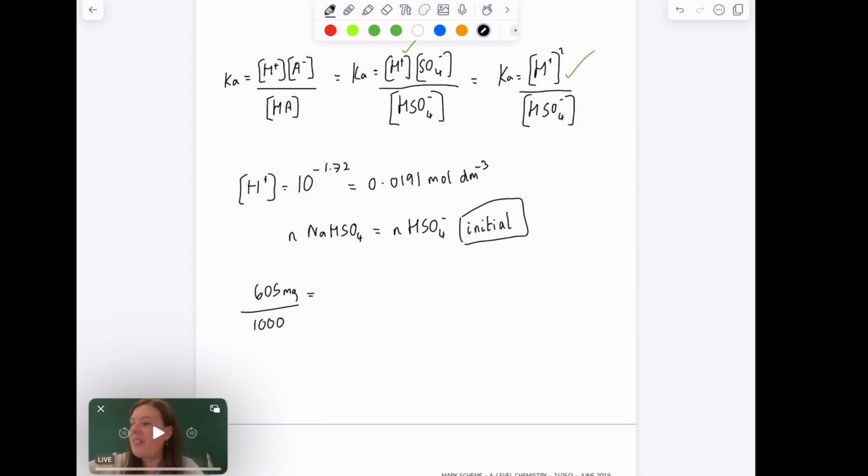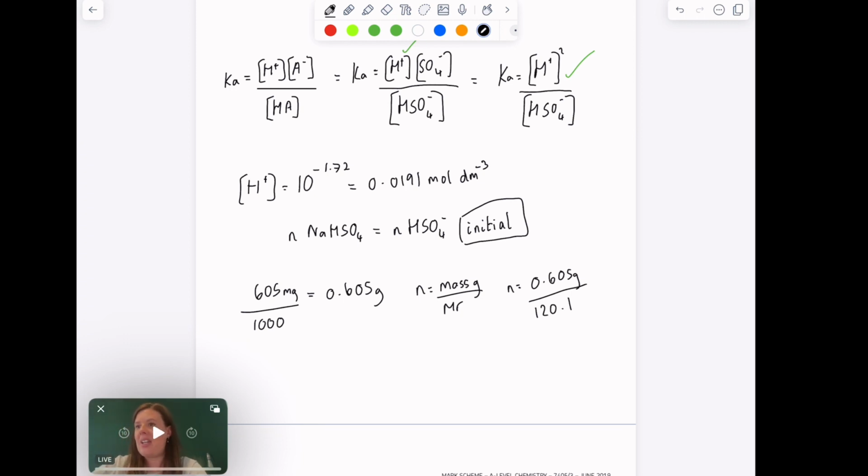So if I plug that in, I'm going to get 0.605 grams, and then I'm going to do moles is equal to mass in grams, which we've now got, over the Mr of sodium hydrogen sulfate. So that becomes 0.605 grams over, if you add up the Ar of sodium, hydrogen, sulfur and 4 oxygens, you get 120.1.